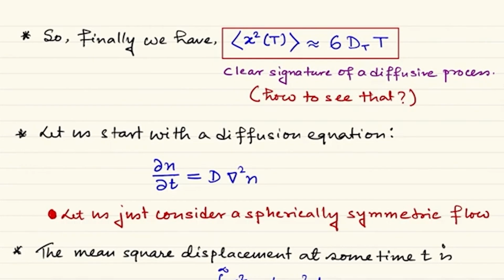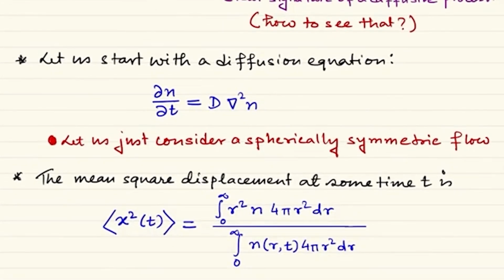Why? Because if you now use your previous knowledge of diffusion, you can see that the diffusion equation for the density should be given by this: del n del t is equal to D Laplacian n. Here n is the density, the variable in the diffusion process.